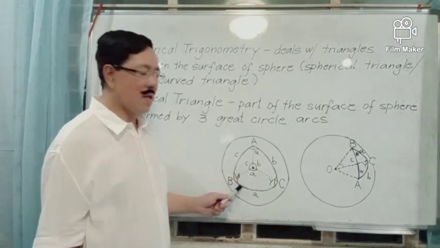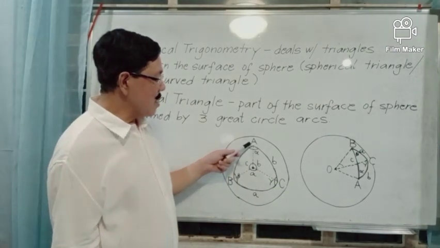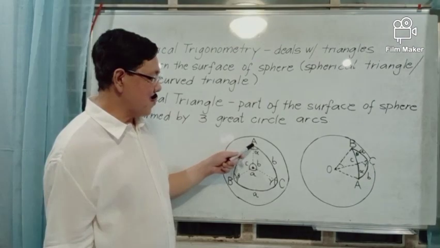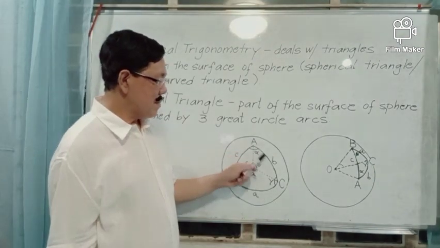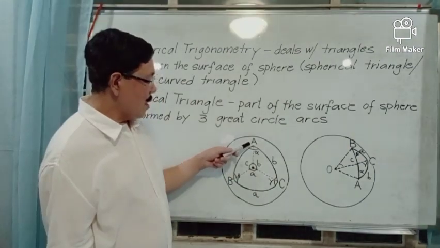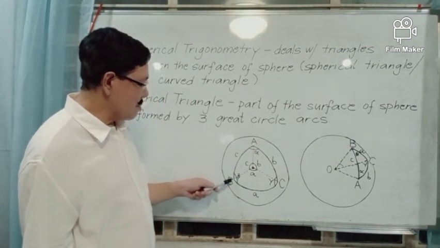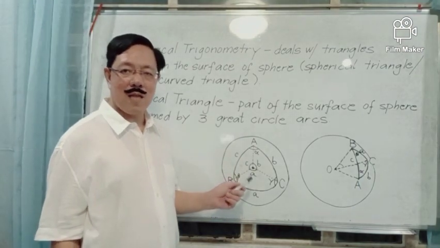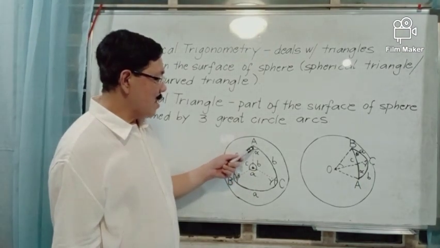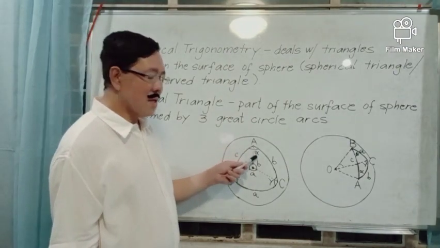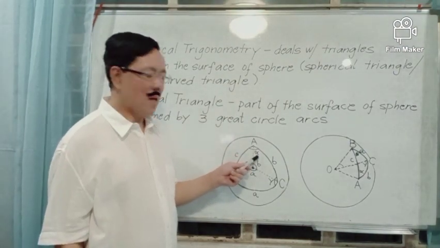The angle at vertex A, again vertex A is the intersection of this arc AC, a part of the great circle, and this arc, a part of another second great circle. And the angle formed by this arc at vertex A is denoted by Greek letter alpha.